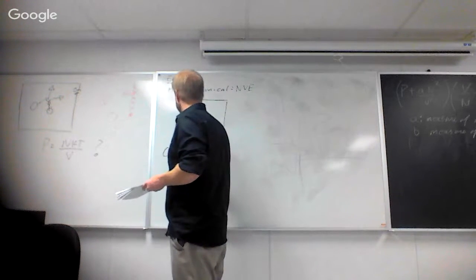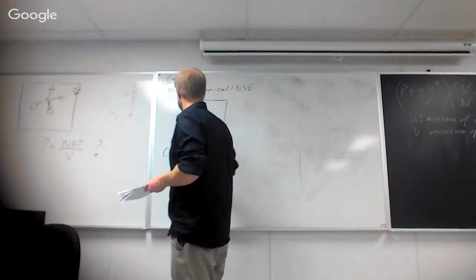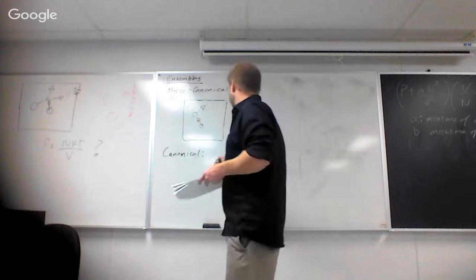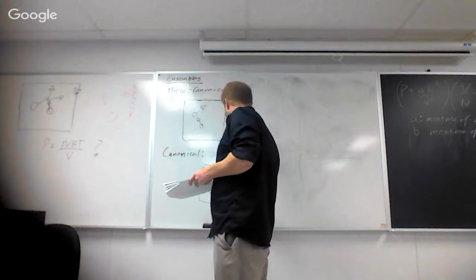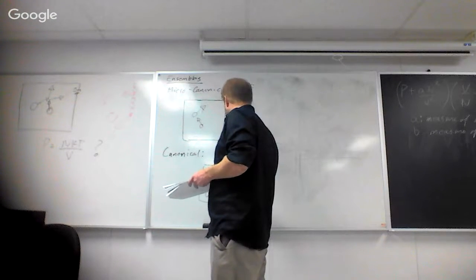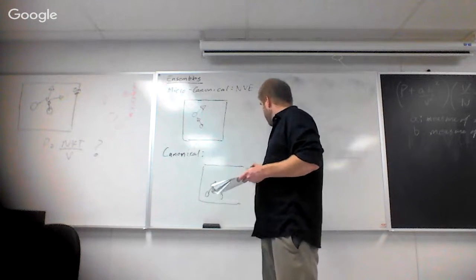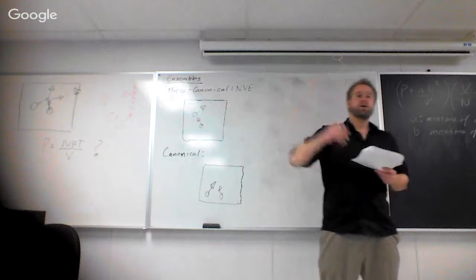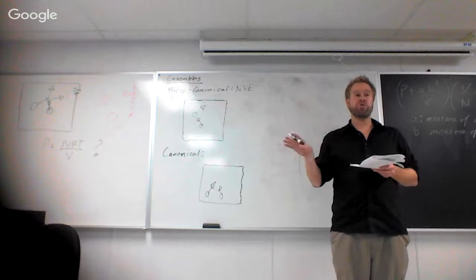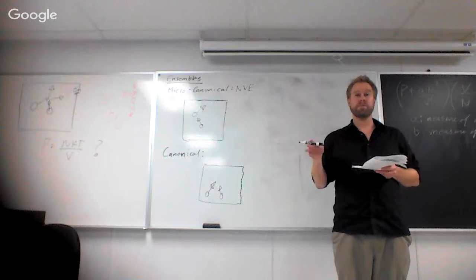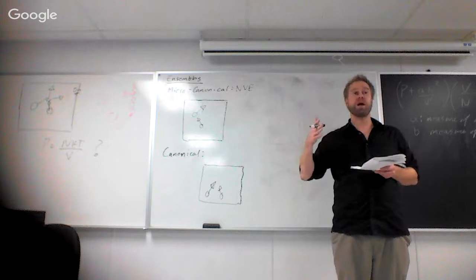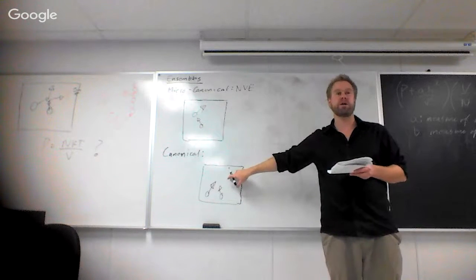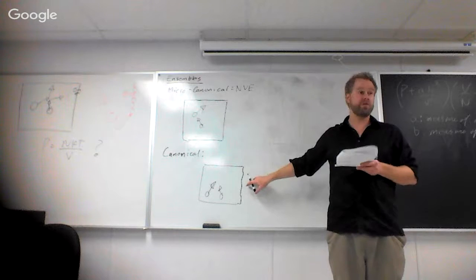Let's have a look at the canonical ensemble. So we're still going to have our box here, particles bopping around doing stuff, but now one of the walls of the box can allow energy to pass back and forth. It could be a kind of rubbery membrane that you can hit from either side, and if you hit it from one side, you can give momentum to these particles, or particles hitting this side can give momentum to whatever's on this side.